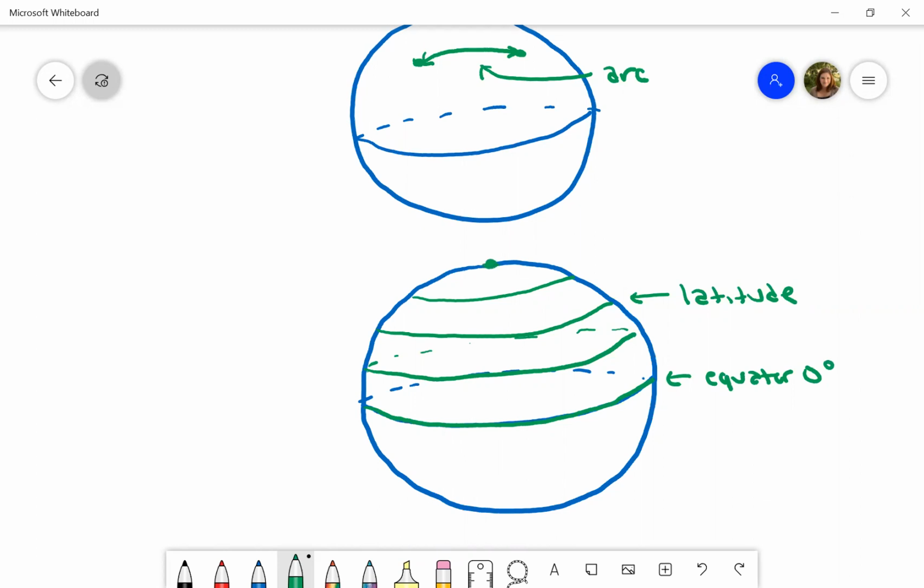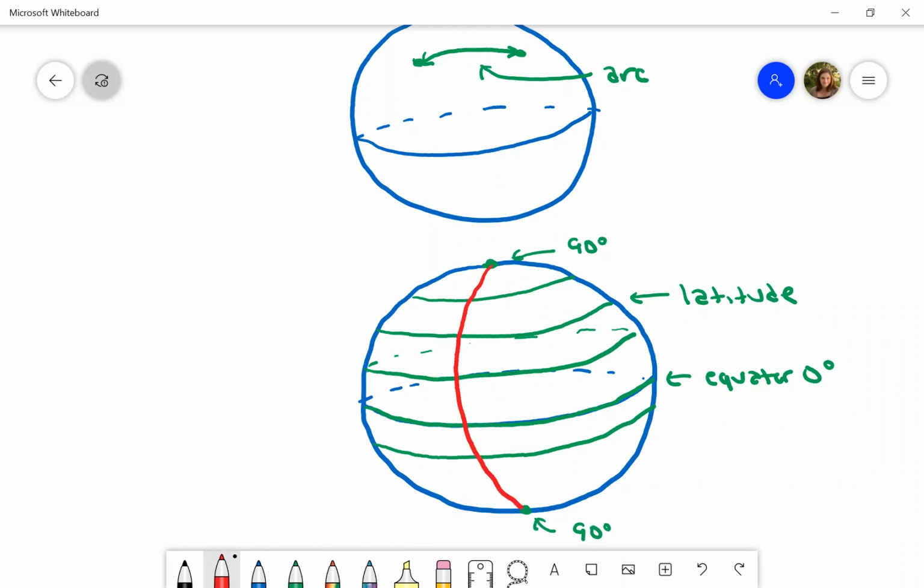The top point, when we finally reach the top of the Earth, that is 90 degrees. Okay. And when we go below, it has a 90 degree as well at the bottom. But we indicate north and south, right? North latitude versus southern latitude. Then we have the vertical lines that connect points to points.